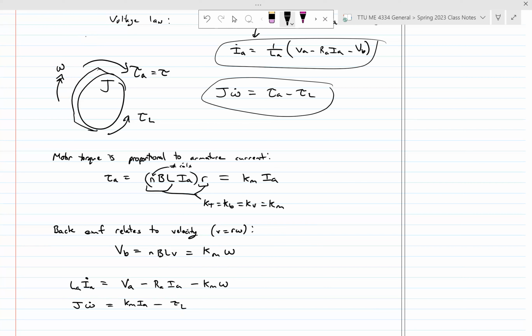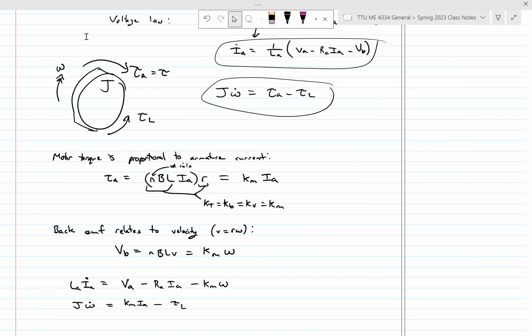These two equations here are what we're working with for our motor. Probably would be good to be familiar with this setup in general for our motor dynamics. I would especially encourage you guys to memorize our formula for tau A and VB. Make sure you know those, because you don't want to spend time looking them up.